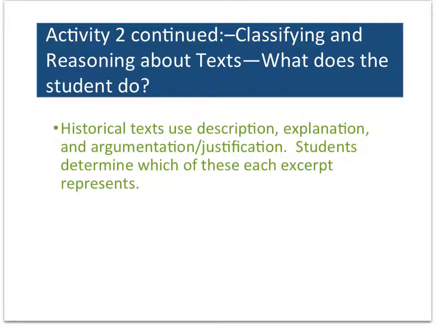So those are kind of three styles that historians use when they talk about the past. Students will learn about that in the PowerPoint, and then they're going to have to read some text and decide if that is a description, an explanation, or an argument justification. So they're going to determine which each of those excerpts represents.